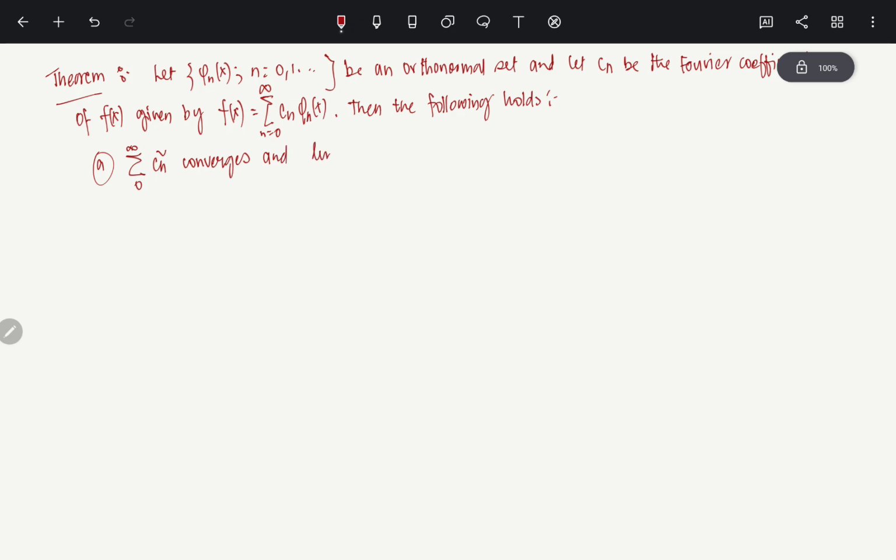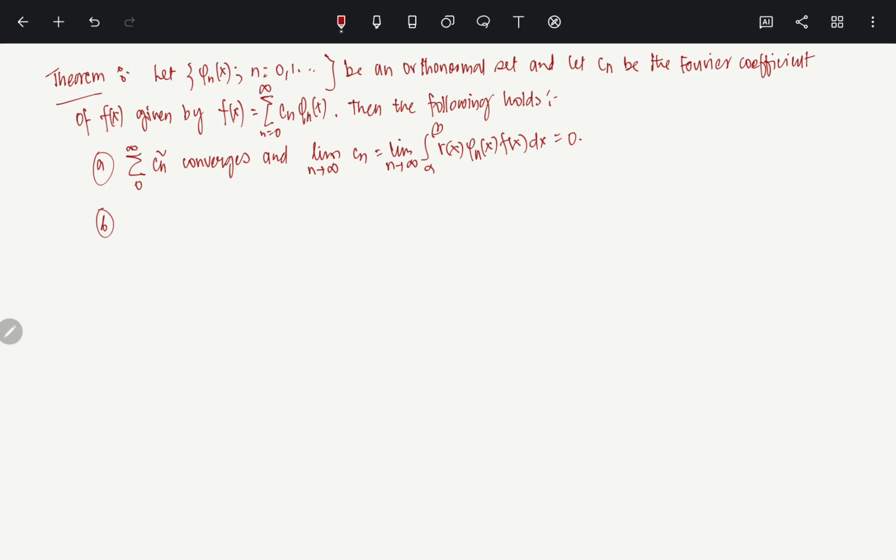It means that the limit as n tends to infinity of Cn equals the limit as n tends to infinity of the integral from alpha to beta of r of x phi n of x f of x dx, and this is going to be 0. The norm of phi n square is not there because phi n is taken to be orthonormal.